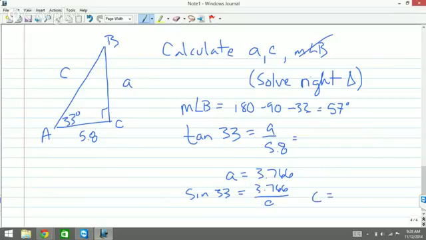What do you get? What's the distance? Yeah, 3.766 divided by sine 33. That sounds better. It's actually 6.91.